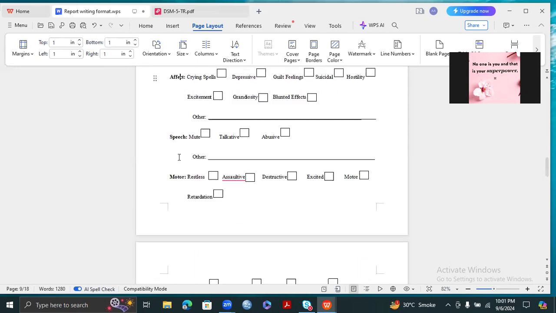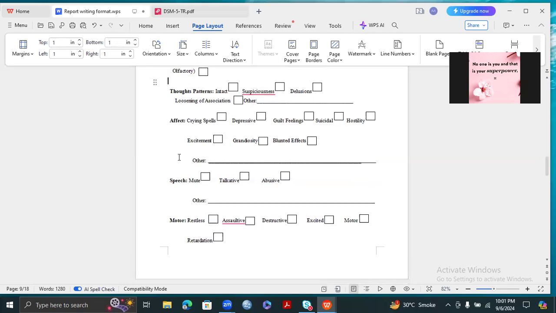Then comes another thing, that is the thought patterns. We talked about it, right? We talked about the form, the texture of the thoughts, the flow of the thoughts. So you have to realize if his thought pattern is a bit suspicious, or if there is some content of delusions, or some kind of loosening of associations in his thoughts right now, right?